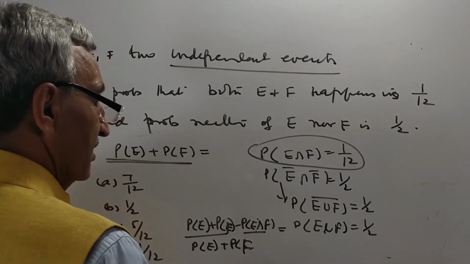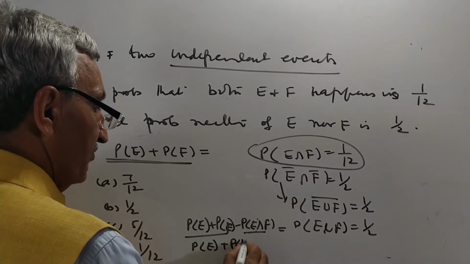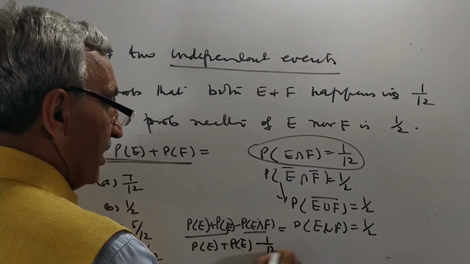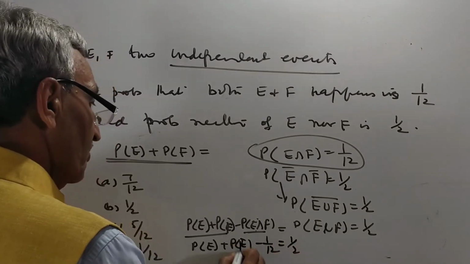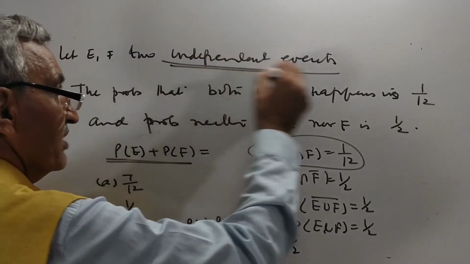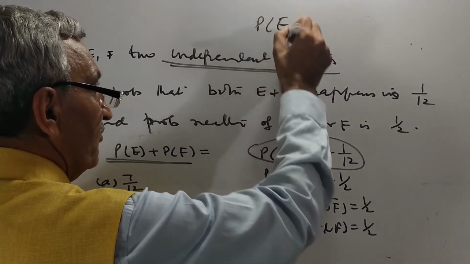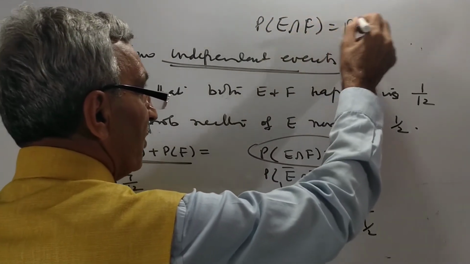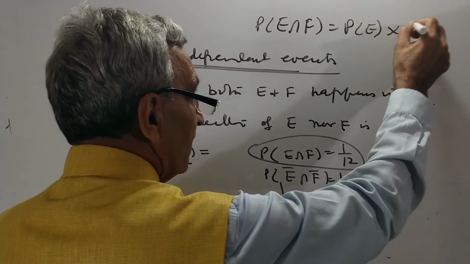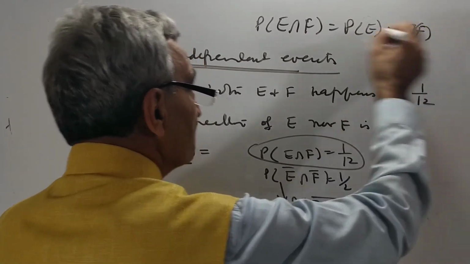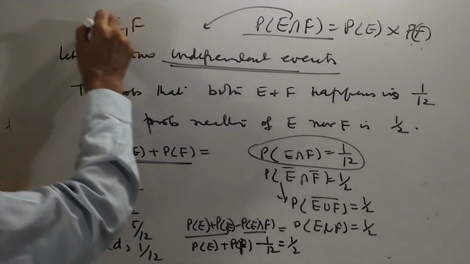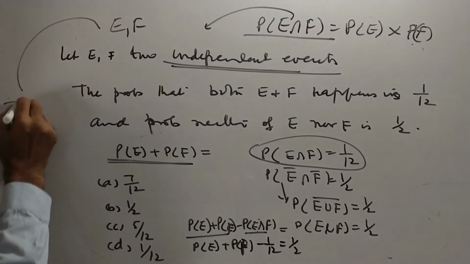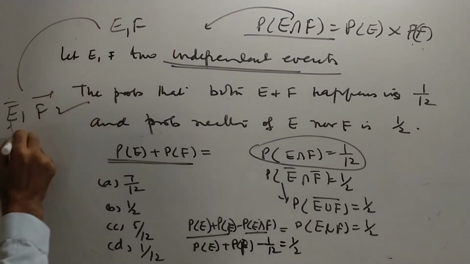So probability of E plus probability of F minus 1 by 12 is equal to 1 by 2. When the two events are independent, the probability of E intersection F is equal to probability of E into probability of F. एक बात और बता दूं, जब E और F इंडिपेंडेंट है, तो E नॉट और F नॉट भी इंडिपेंडेंट होंगे.